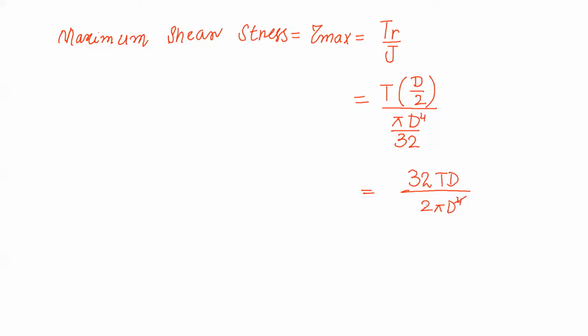What does that mean? The 3 will be cancelled out, and 2 ones are 2, so the 2 will be cancelled out. So the answer will be 16T upon pi d cube, where T is the torque. So this will be the formula for tau maximum, that is maximum shear stress.